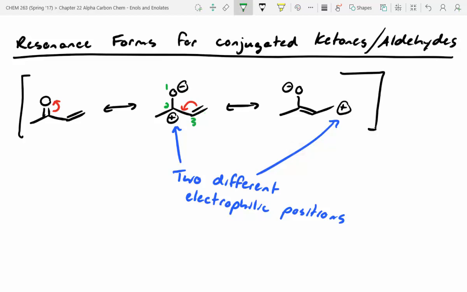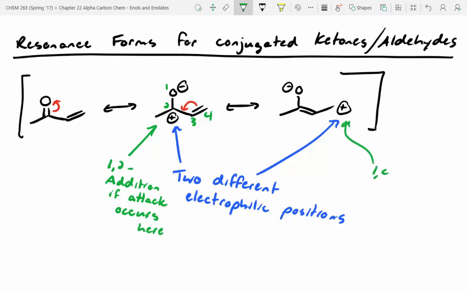So 1, 2, 3, 4. This would be a 1,2 addition product. And then this one would be a 1,4 addition product. Does that make sense? A lot of this is kind of review.